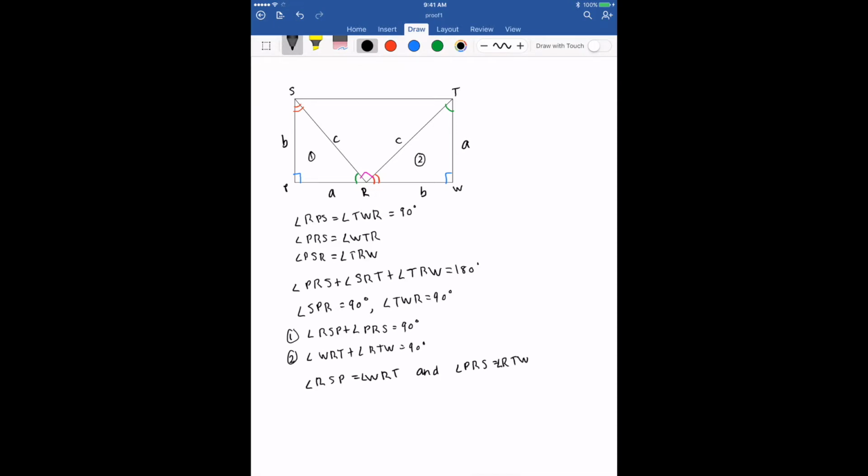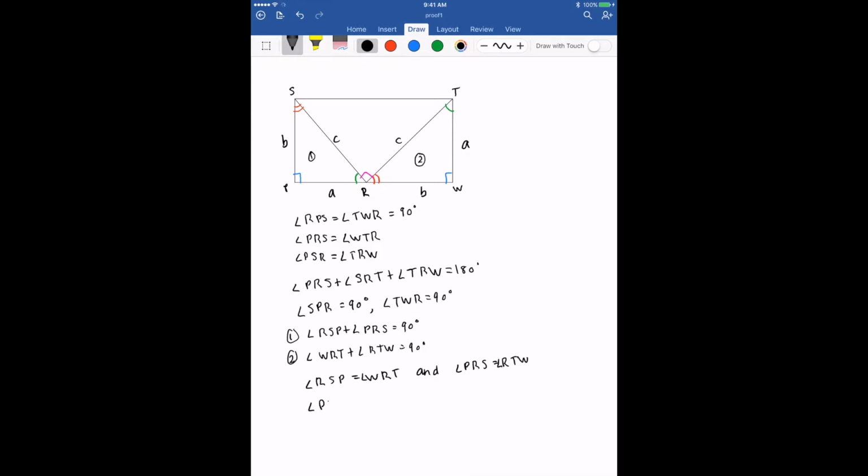So we know that the red angle and the green angle in both triangles are going to add up to 90 degrees. If you look closely, you'll notice that angle PRS plus angle WRT are also going to add up to be 90 degrees.